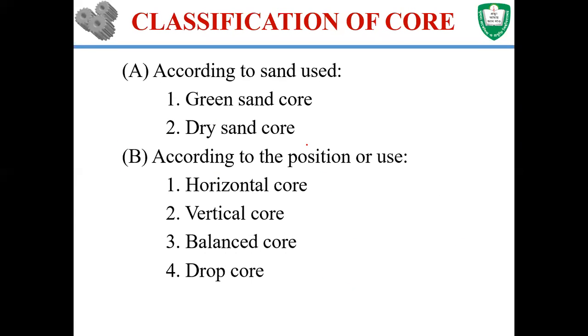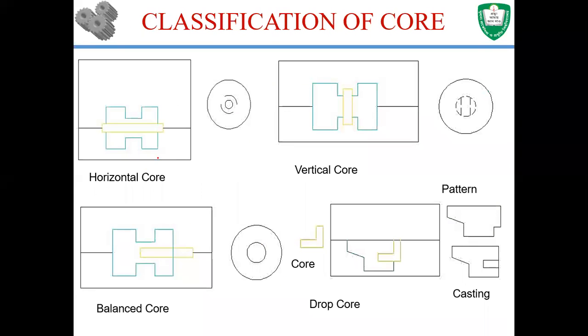Classification: there are two types of cores according to the sand used, green sand and dry sand. We'll talk about green sand and dry sand later. And according to the position or use, it can be horizontal, vertical, balanced, and drop core. If the core is placed horizontally, that is called a horizontal core.